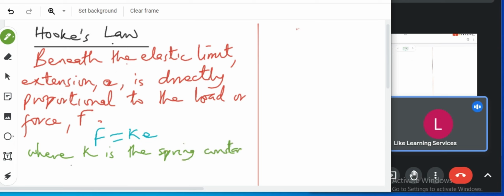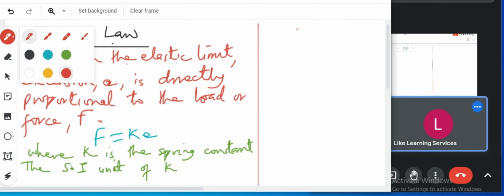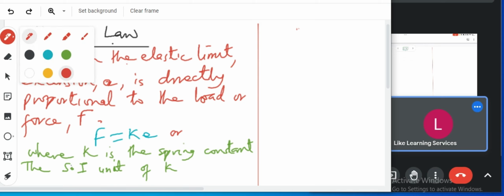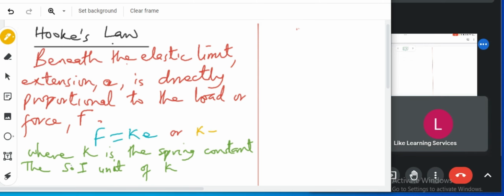Of course, K is the spring constant. And the SI unit of K should be, since K is equal to F over E, isn't it?